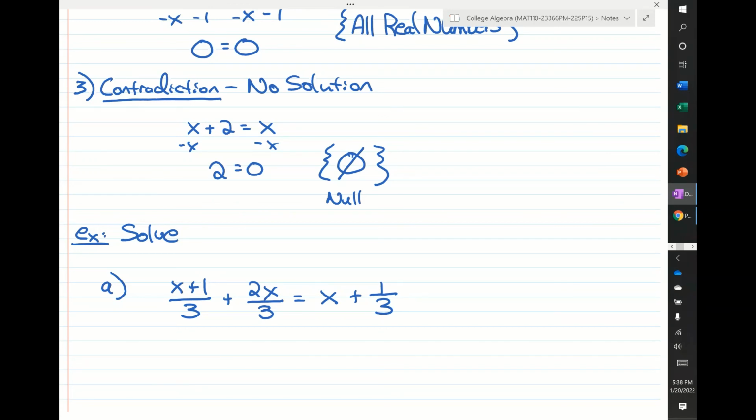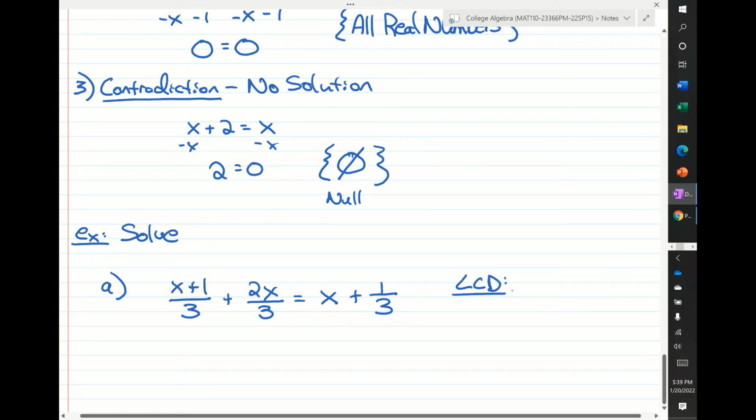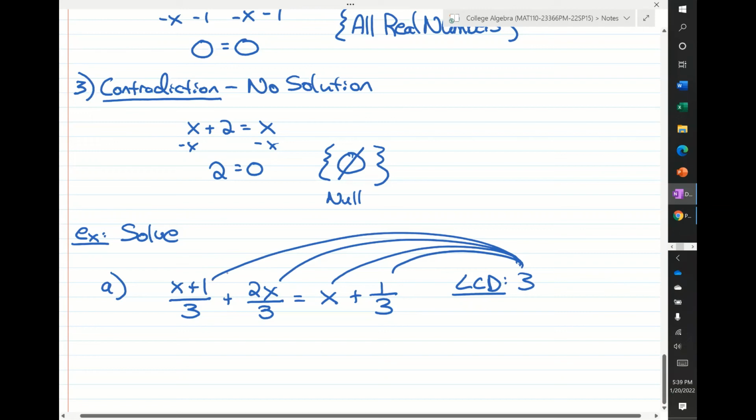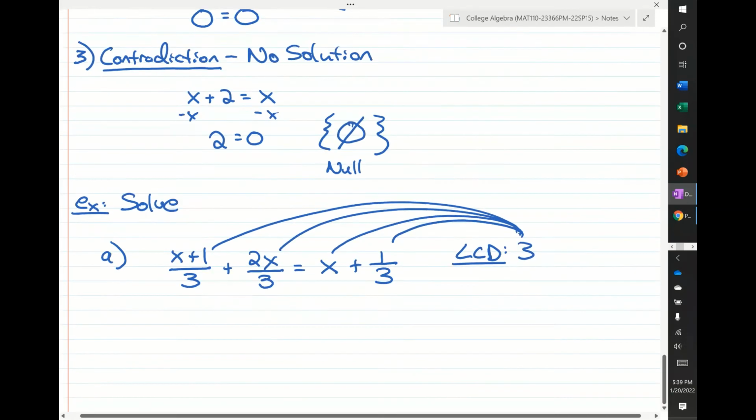So the first thing we have to do is figure out what the least common denominator is. This is how we talked about getting rid of fractions. What would the least common denominator for this be? 3. Very good. So we're going to multiply 3 times each grouping. That'll get rid of our fractions, and then we can just look at the equation in a more basic form.